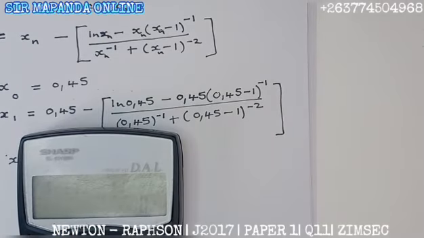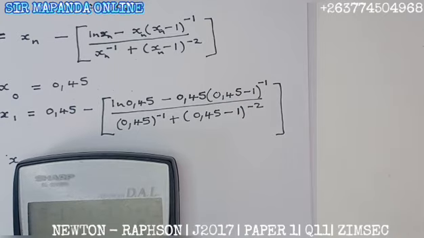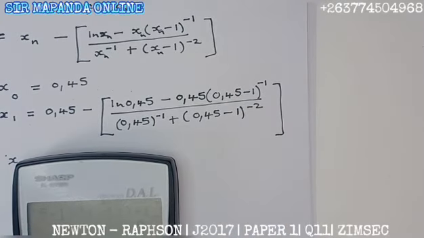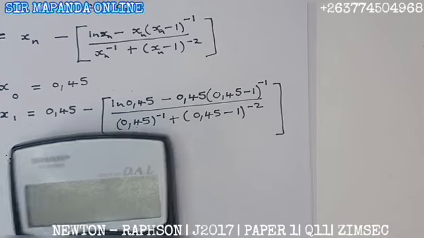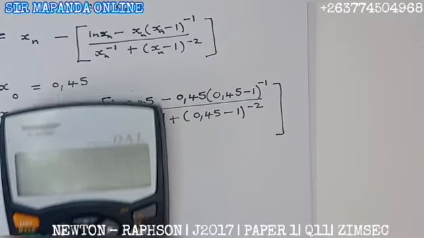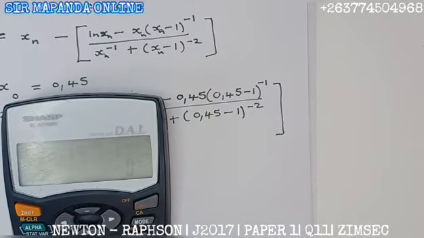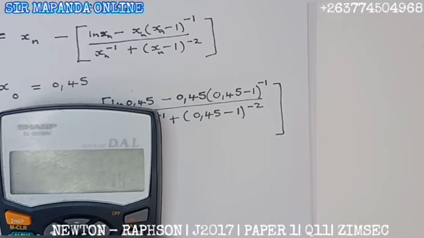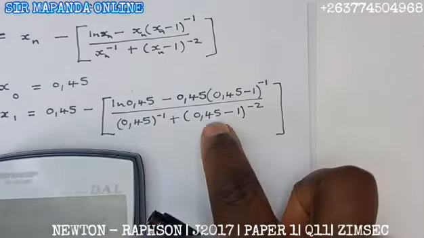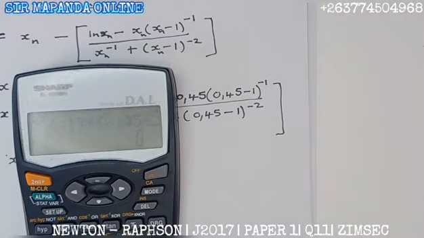You put open bracket to prepare for the denominator. So you are saying 0.45 to the power of minus 1. This is the first term on the denominator here. Then you put plus open bracket 0.45 here minus 1, close bracket, to the power of minus 2.